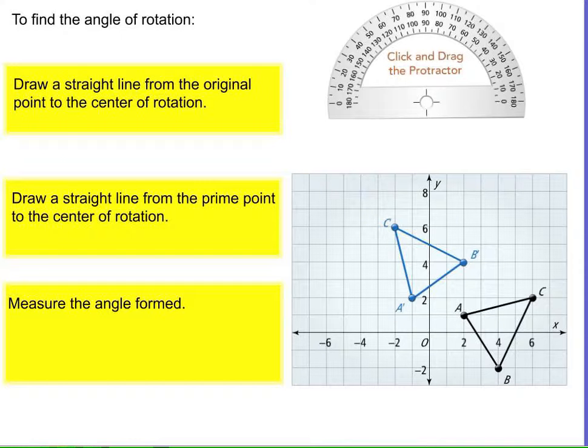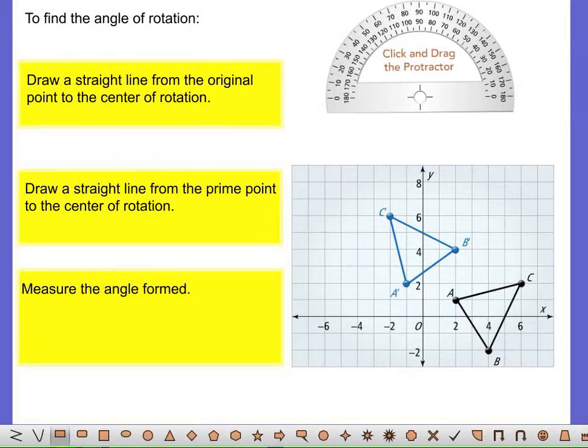To find an angle of rotation, we're going to draw a straight line from the original point to the center of rotation. In this case, the center of rotation is the point of origin, 0, 0. So all we have to do is draw a straight line from our original point A to 0, 0.